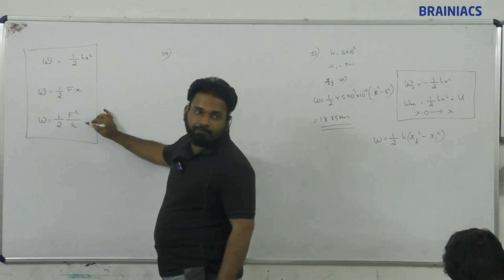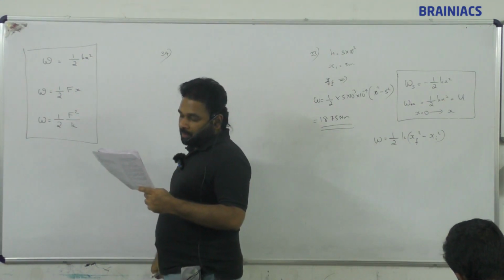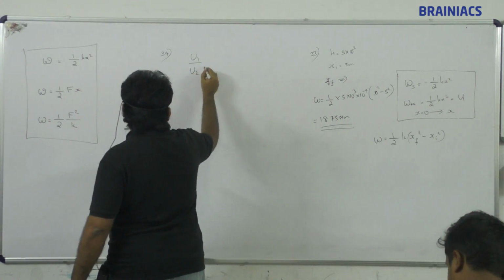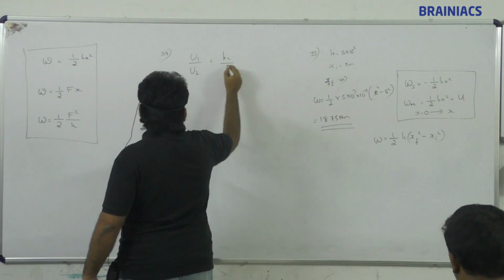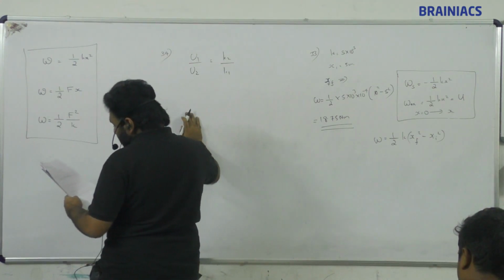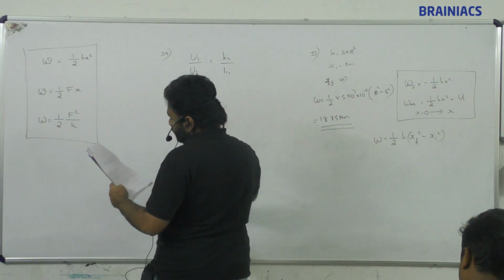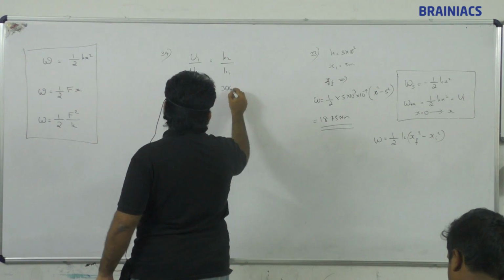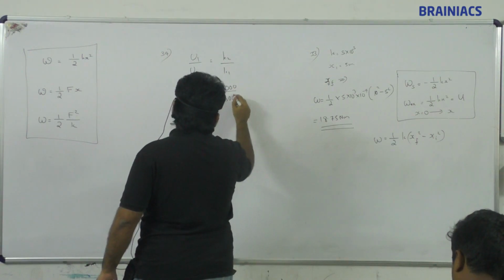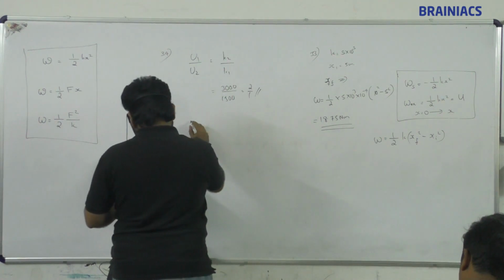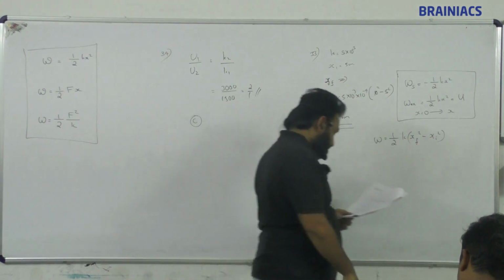F square by K. Stretched with the same force, so U1 by U2 is equal to K2 by K1. Ratio they are asking. So K2 by K1 is 3000 by 1500, 2:1. Which option? Option C. Done.